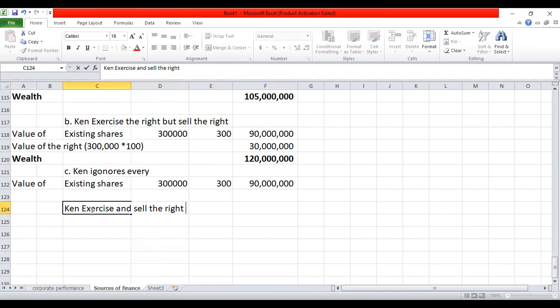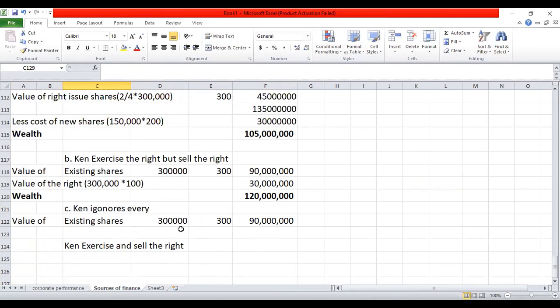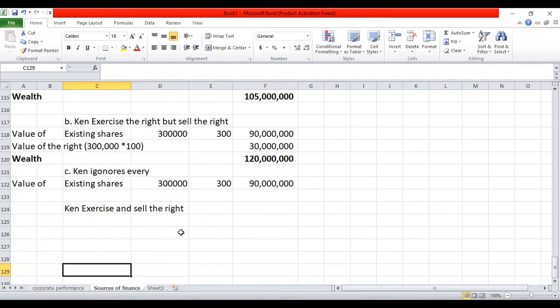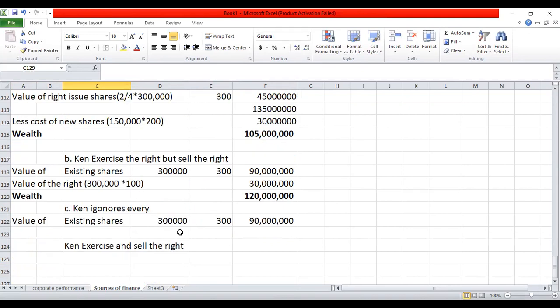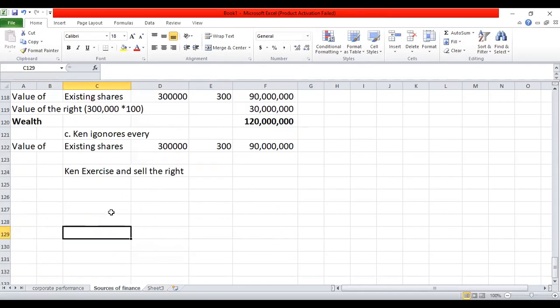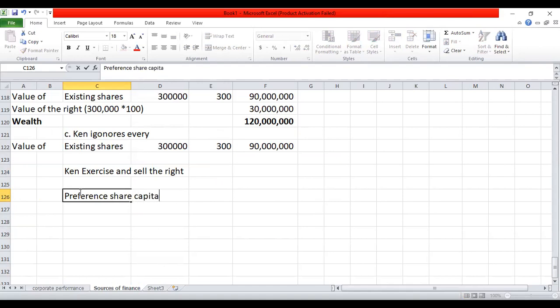I think that is how we can look at this. Then another thing we are looking at is preference share capital as another source of finance.